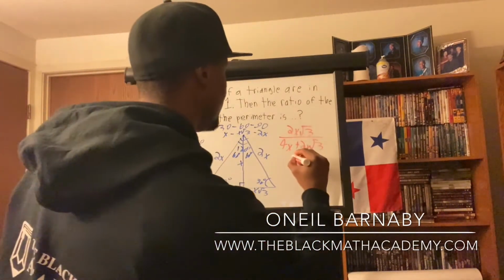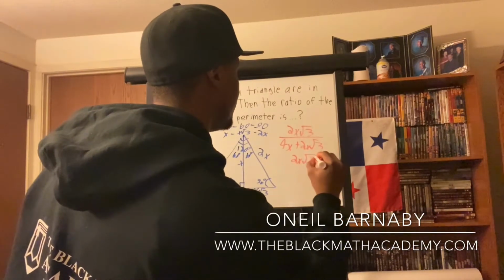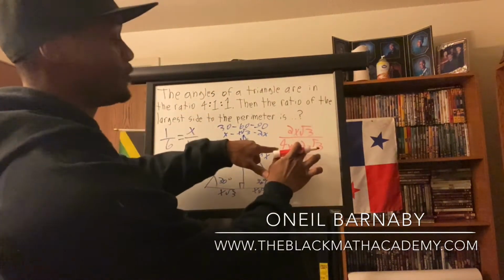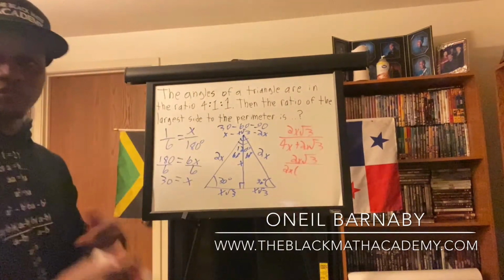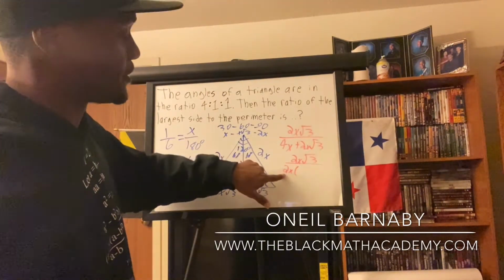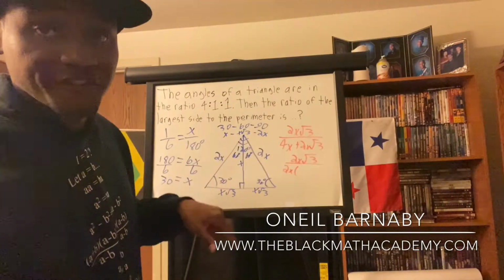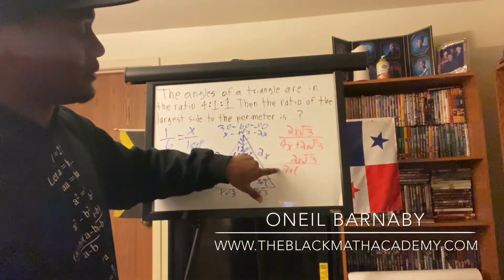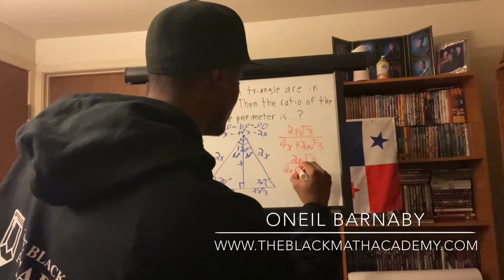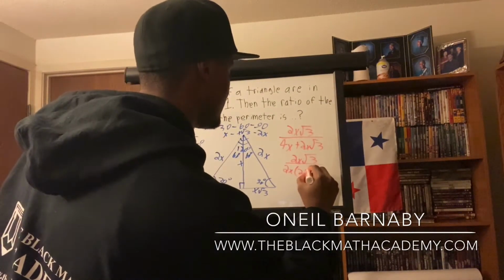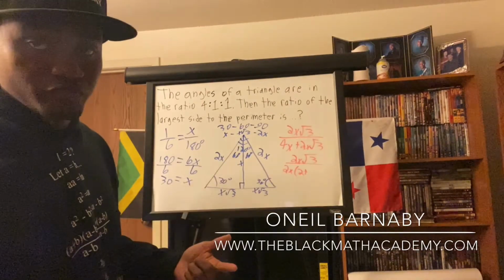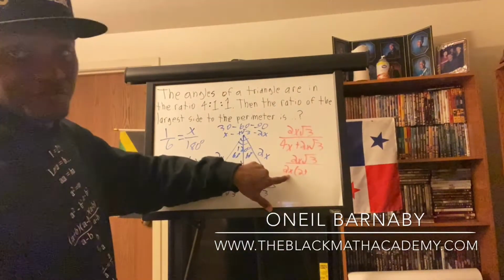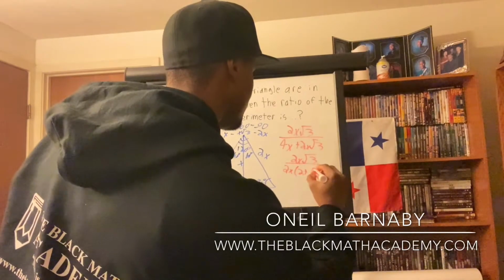The top remains the same, 2x root 3. 2x comes out, and what's left is the result of taking the 2x and dividing it by the two terms on the inside. So 4x divided by 2x is 2. And 2x root 3 divided by 2x is just root 3, because 2x divided by 2x is 1. So it becomes root 3.